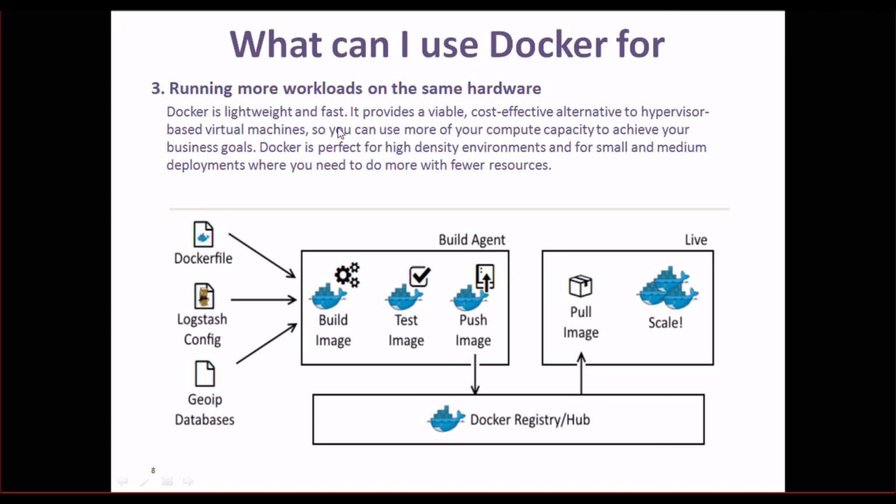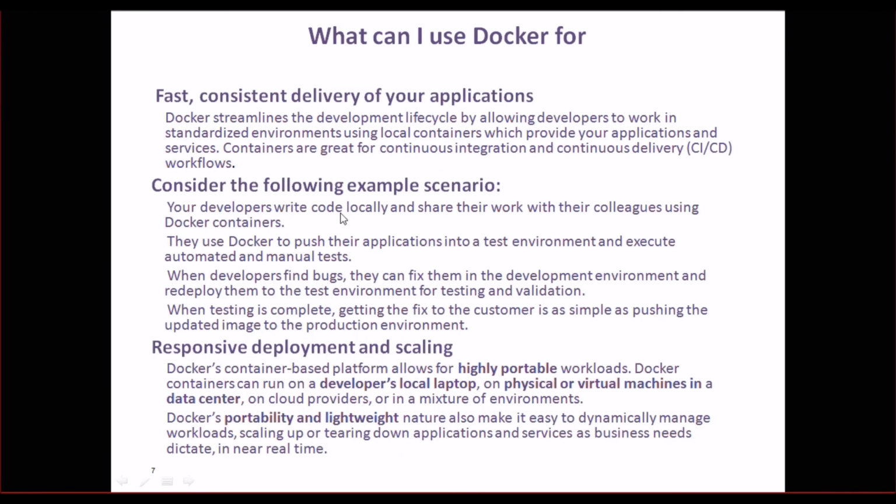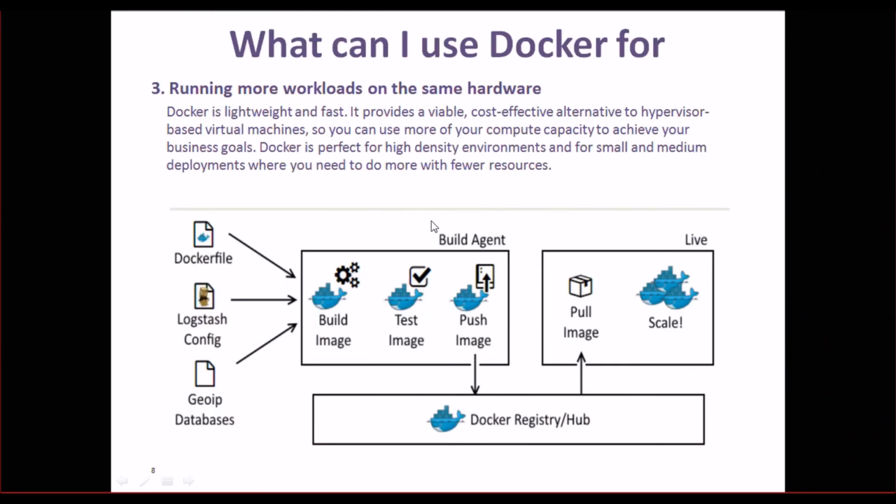So we were talking about this example right here in the back, about the following example for fast, consistent delivery of your application. So here is the example. This is the developer's logs, test config and geographic statistics, right? So they write one Docker file, right?